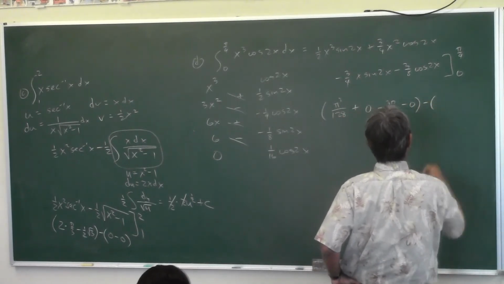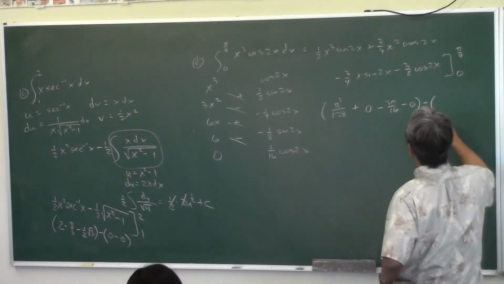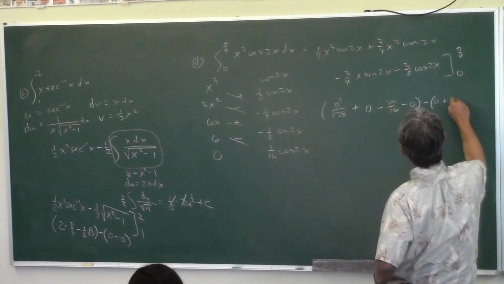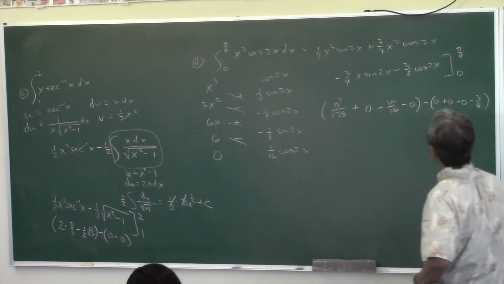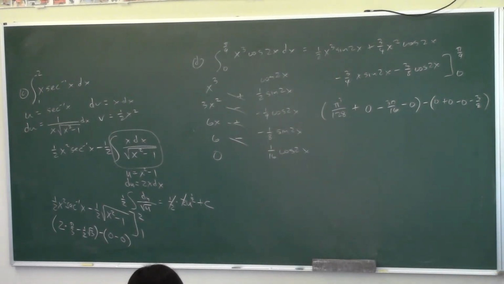Then if you plug in 0, you get 0 plus 0 minus 0 minus 3/8. Was that the problem? You forgot the 3/8? I did a lot wrong in the plugging in, but it makes sense.